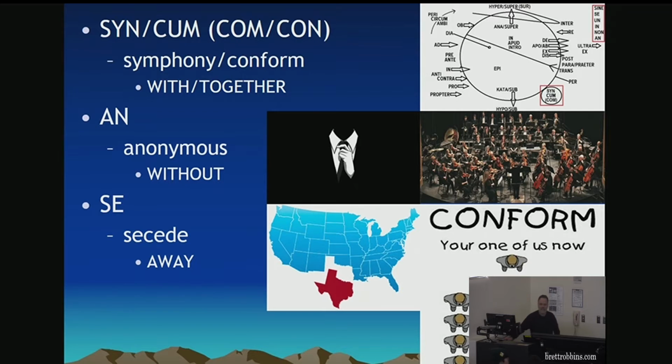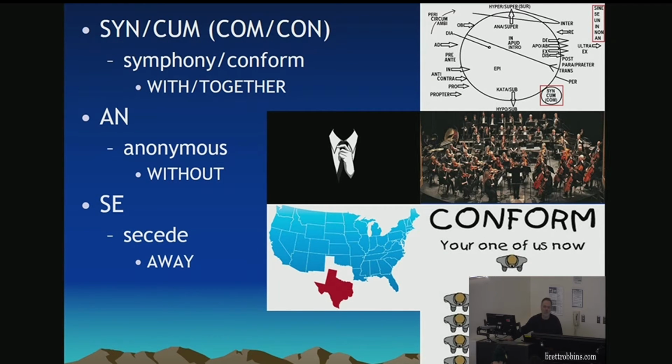To secede, if you're talking in this case, 1861, Texas seceding from the Union, and sometimes California talks about it, or parts of California, or other parts of the country. Every once in a while, there's talk about secession. So to secede comes from the Latin. The cede comes from cedo, which is pronounced with a hard C, like a K in Latin.